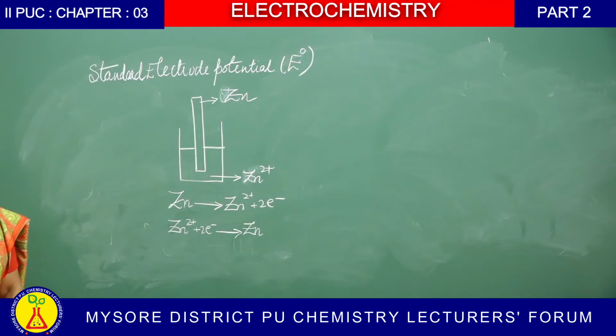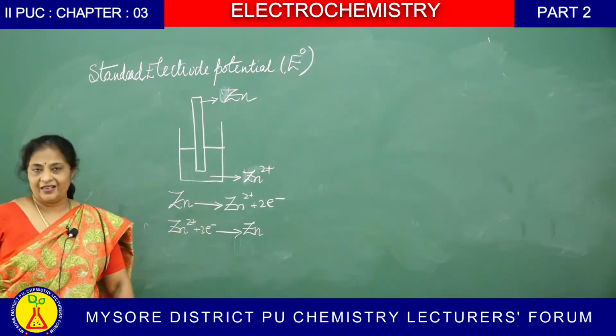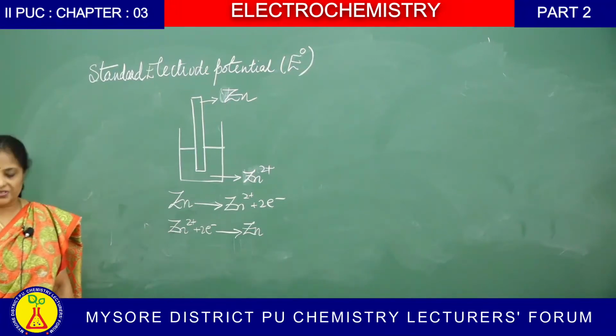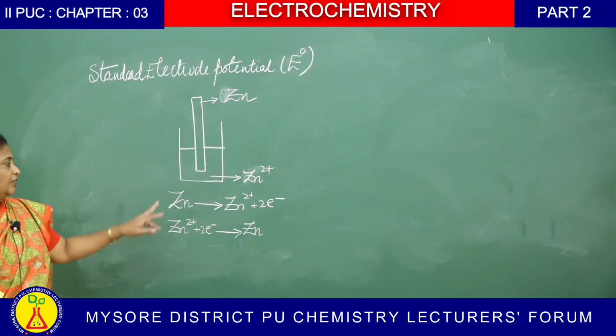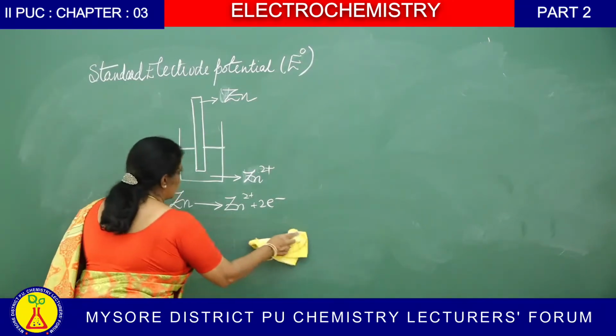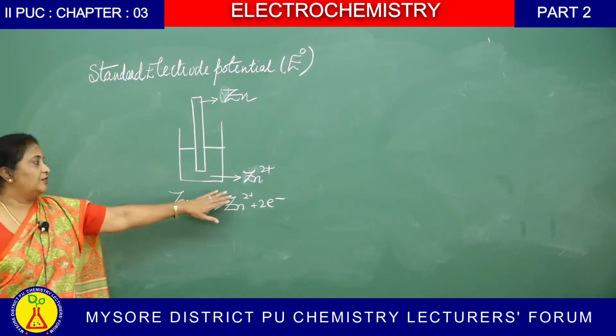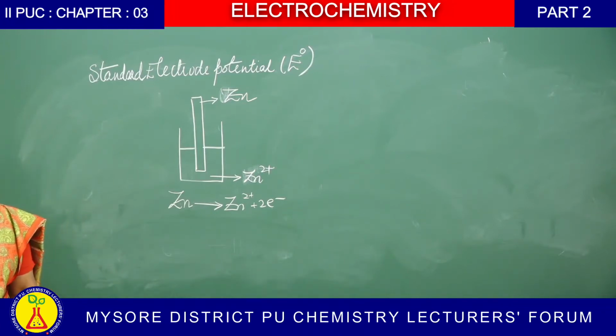In the case of zinc, due to the nature of the metal, the solution pressure is higher than the osmotic pressure, and hence the first reaction, the dissolution process, is favored, so Zn gets converted into Zn2+ ions and gets dissolved in the solution.